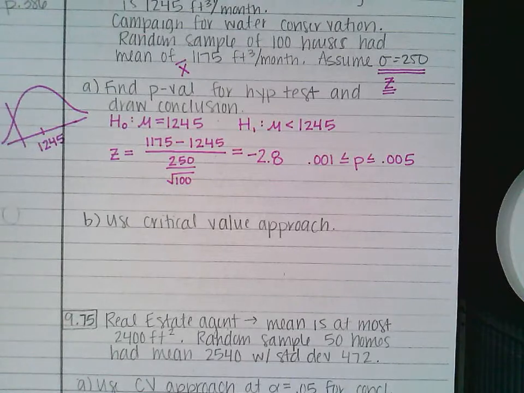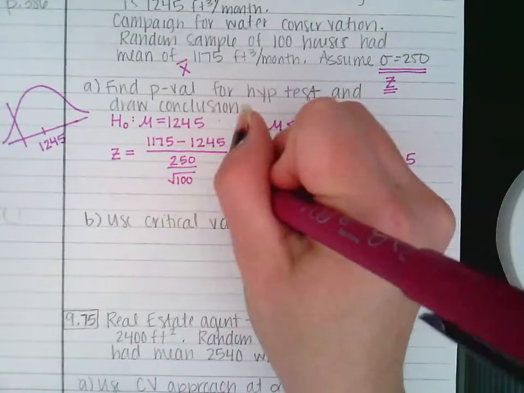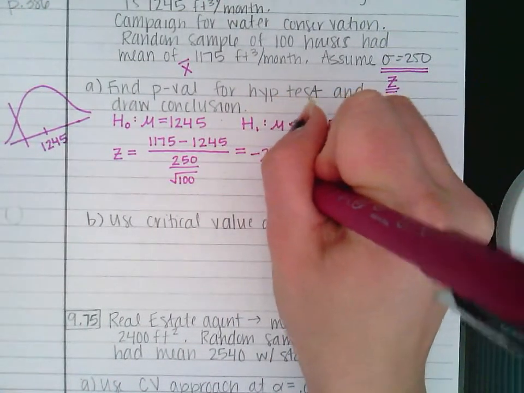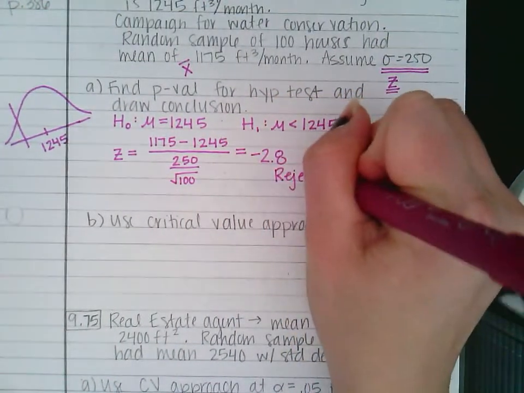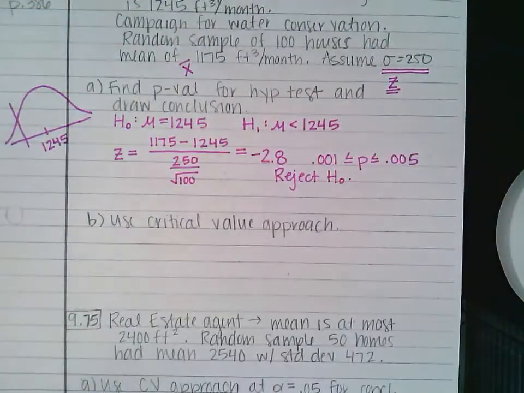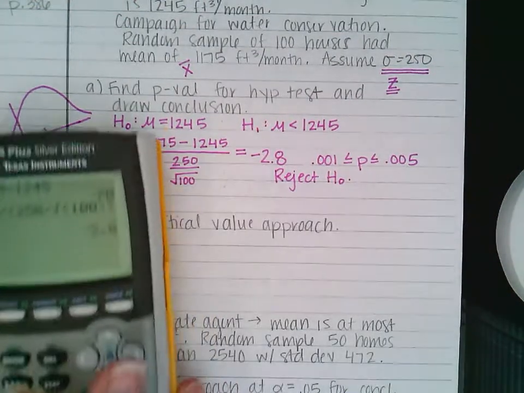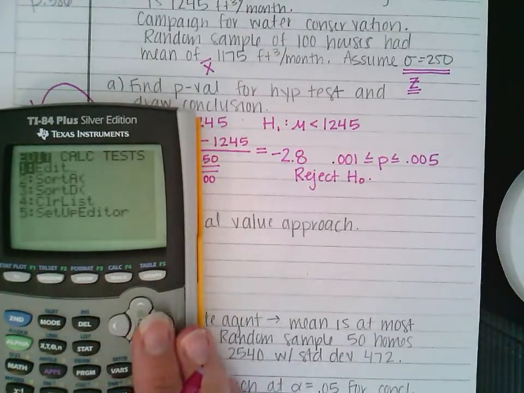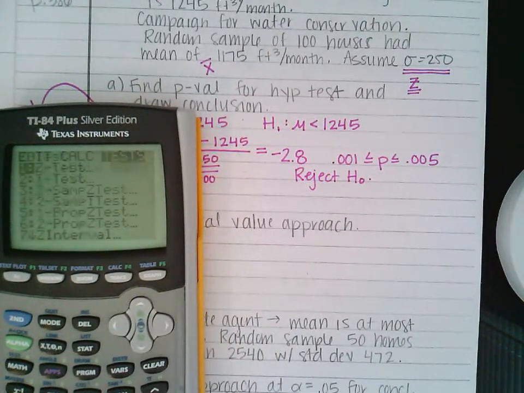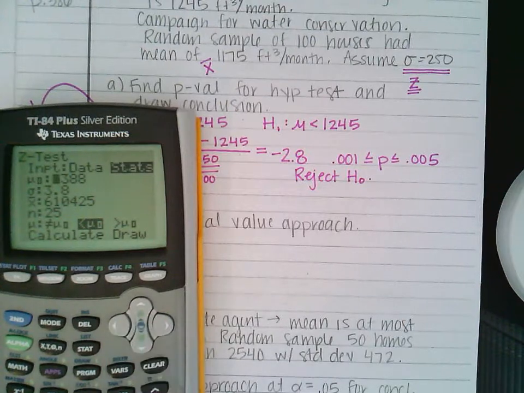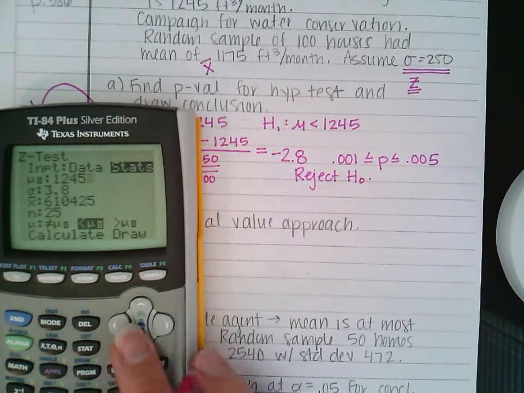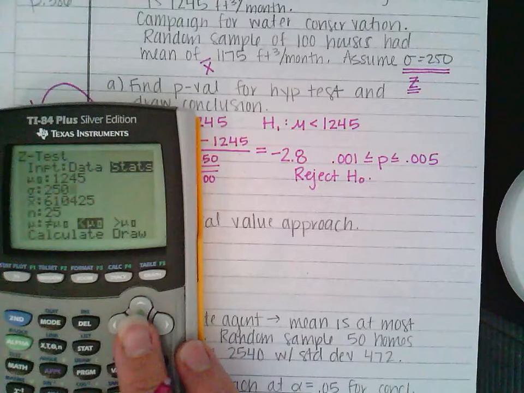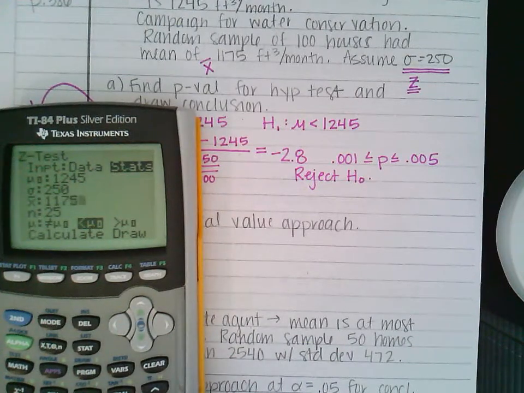Now that is very small. Okay, that's a very, very, very small p-value, and so that's going to lead me to reject H0. Now, if you wanted to do this in your calculator, you definitely could. We'd go to stat, test, this would be a Z test, and we'd plug in everything that we know in order to run the program.